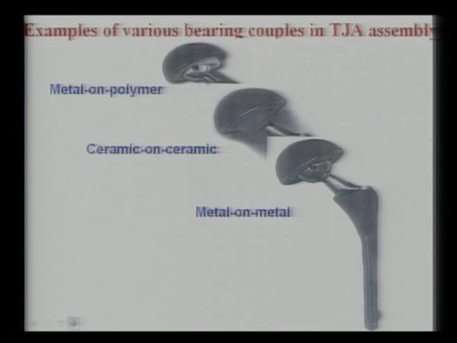Now there are three combinations of the bearing couples in the total joint arthroplasty. So TJA stands for total joint arthroplasty, THR stands for total hip replacement, total hip joint replacement. In this total joint arthroplasty, what you can see here is the metallic ball and this is the polymeric cup. Okay. Now you can get this ceramic cup also, and you can get this ceramic ball also, and you can get this metallic ball as well as a metallic cup.